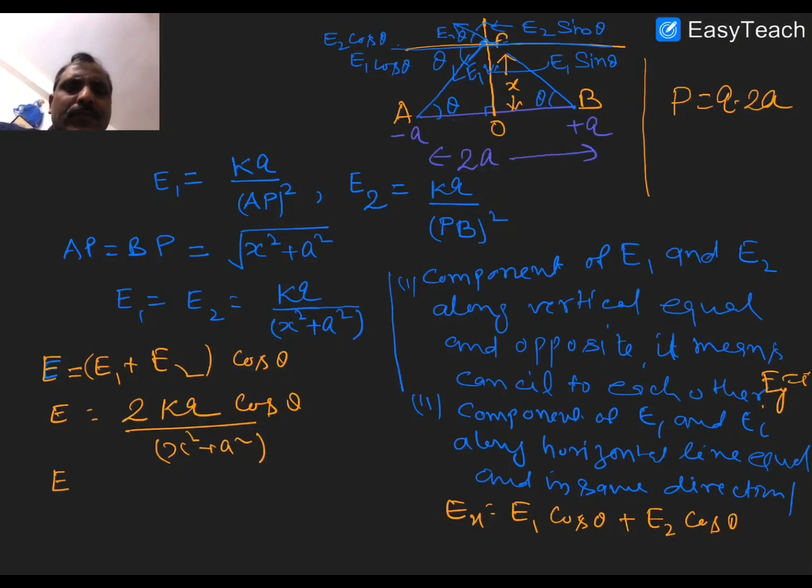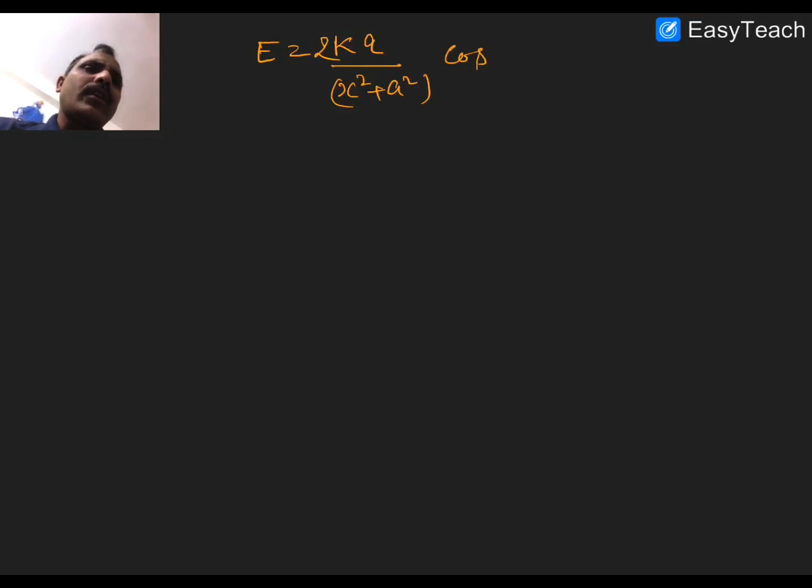E is equal to KQ upon x square plus a square into cos theta.